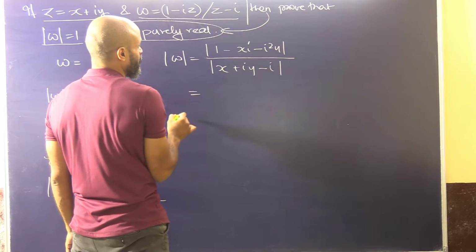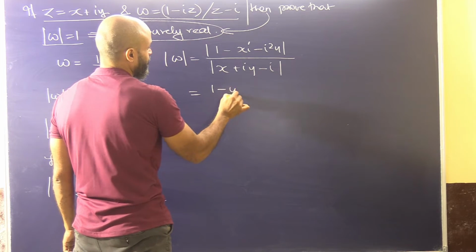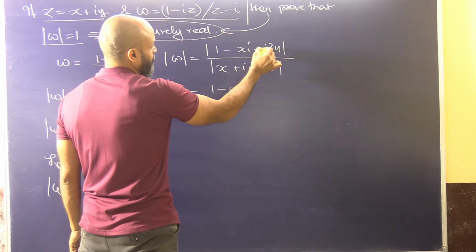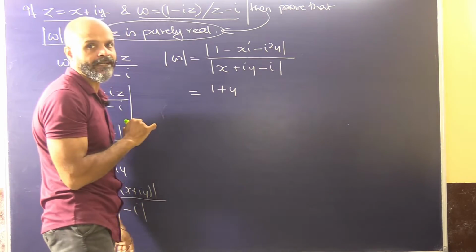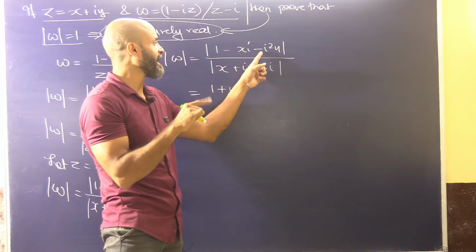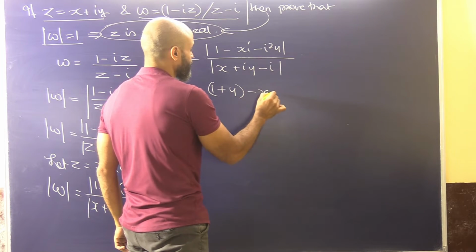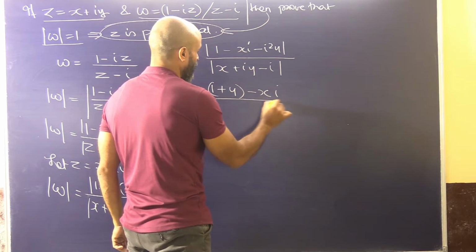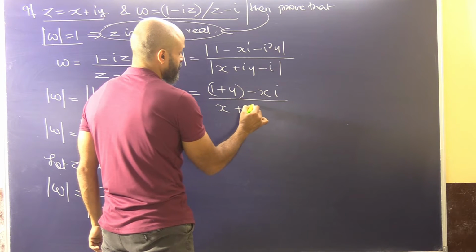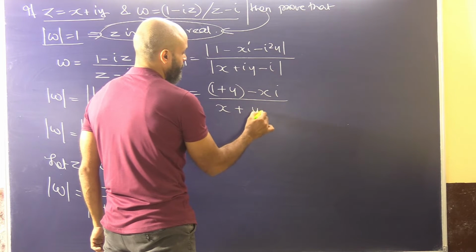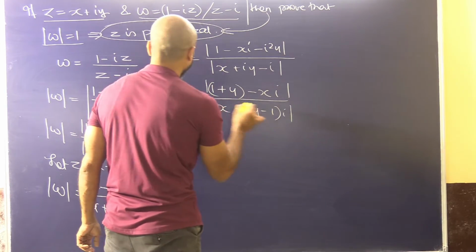So this will be equal to, see, this is 1 plus y, right? This i square will turn out to be minus 1. So this will be 1 plus y minus xi upon, let's segregate the real, x plus i times (y minus 1), mod of this and mod of this.